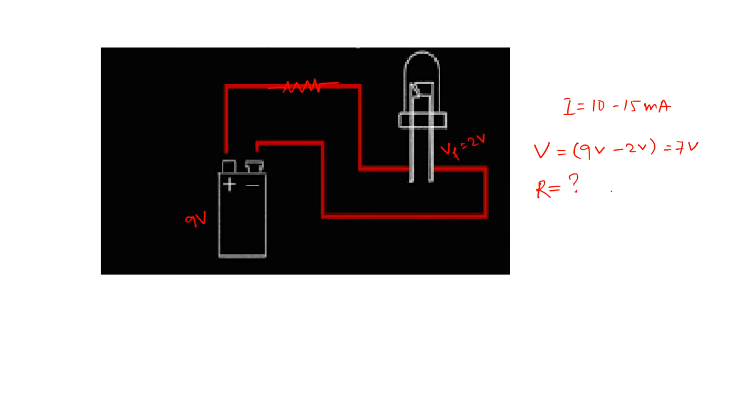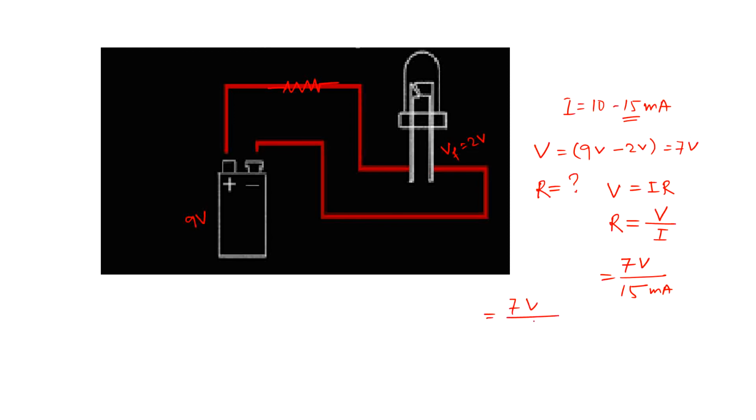R is how much? I have the equation V equals I times R. If I need to find the value of R, I'll simply divide V by I. Here my V value is 7 volts, and I consider the maximum threshold of the current, that is 15 milliamps. So 7 volts divided by 15 milliamps. Here the milliamps must be converted into amps.